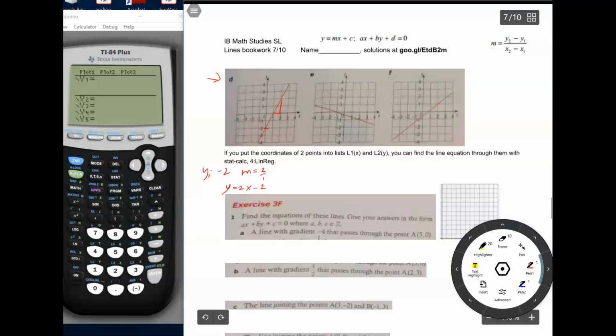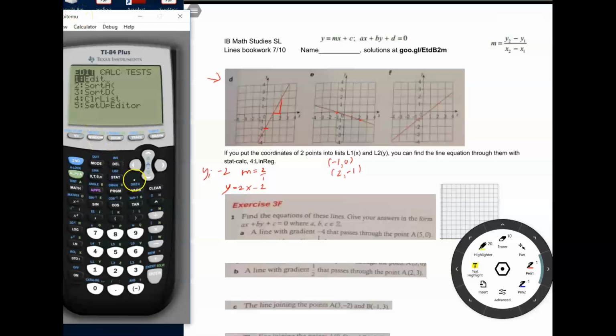Next one, I'm going to pick out 2 points. So I'm going to pick out this point, and this point. The 2 points are -1, 0, and 2, -1. I'm going to put those into the calculator, into stat edit, and then I'm going to do lin reg.